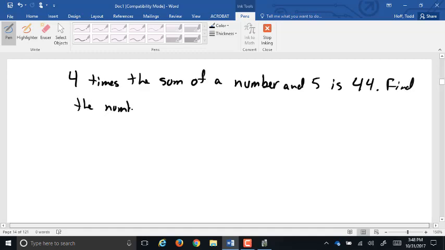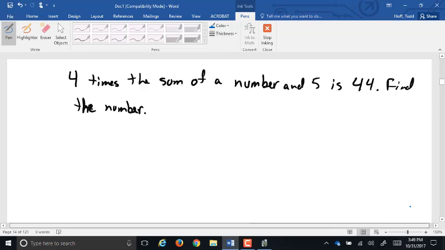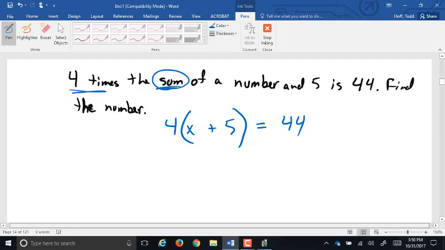I'm going to give you guys a couple minutes in your notes to give that a shot. So what's the equation going to be? Is that the equation? Okay. Perfect. We have to have the x plus 5 in parentheses because it's 4 times the sum.